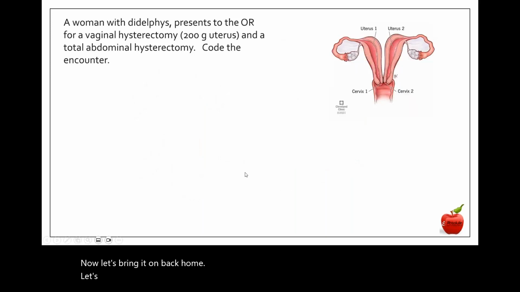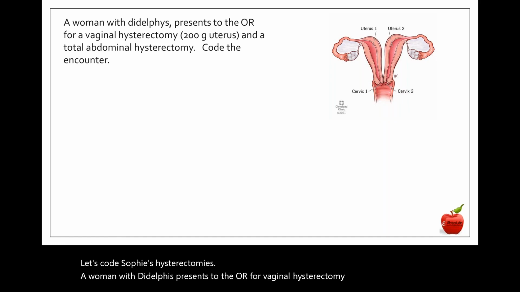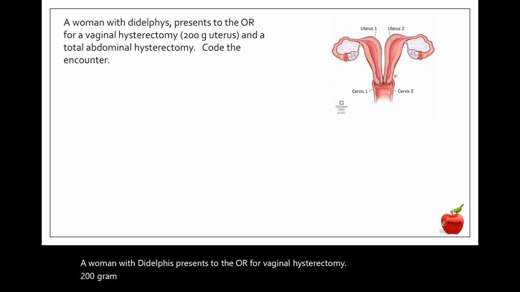Let's code Sophie's hysterectomies. A woman with didelphys presents to the OR for a vaginal hysterectomy, 200-gram uterus, and a total abdominal hysterectomy. Code the encounter.